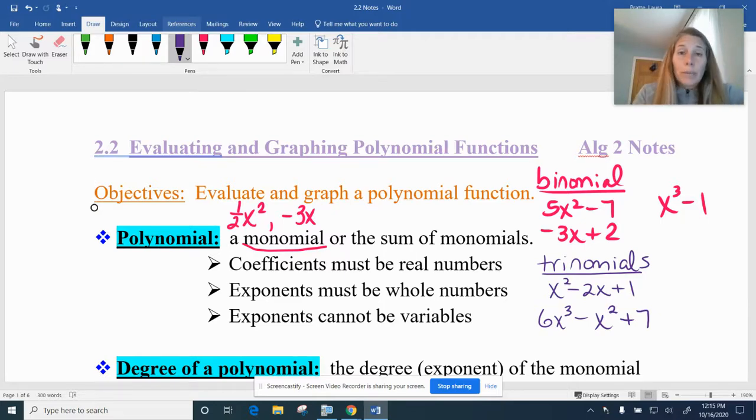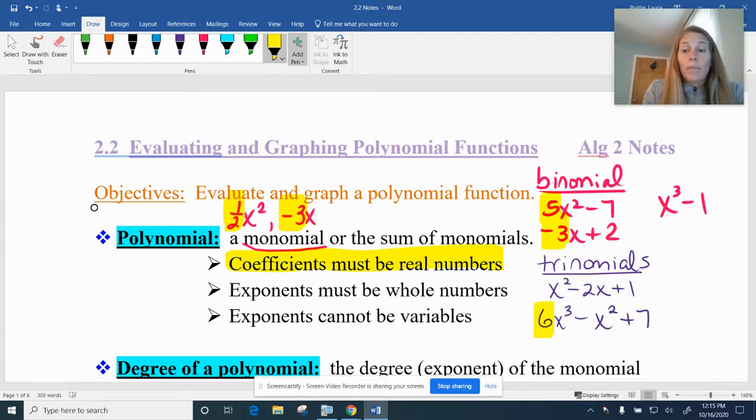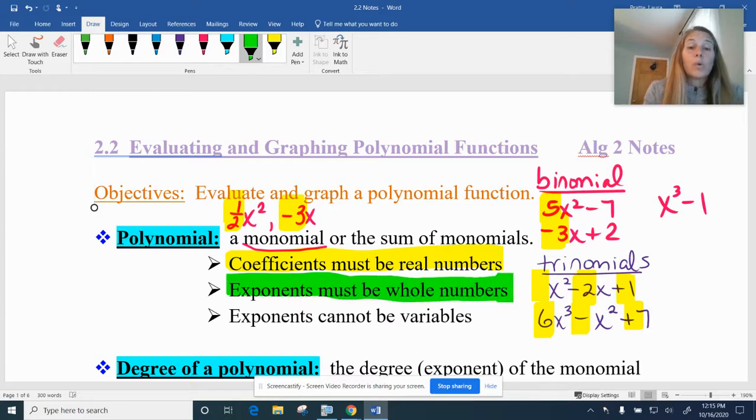No matter which type you're dealing with, a monomial, a binomial, a trinomial, or just a general polynomial, all of the coefficients must be real numbers. So you can have a fraction like this 1/2, you can have a negative, positive, but they have to be real numbers, okay? So no imaginary numbers with these coefficients. Then the other rule is that the exponents must be whole numbers.